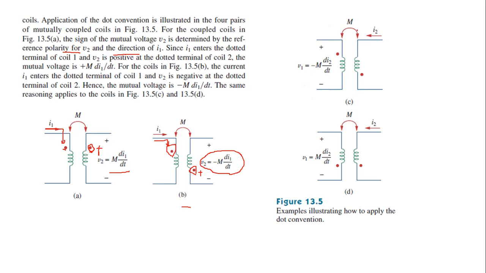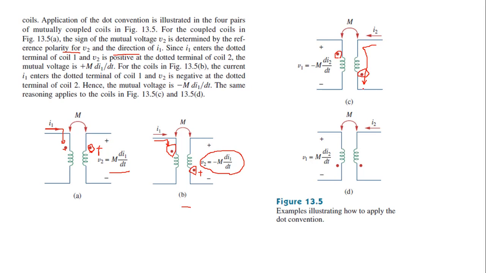Okay, so now let us take the third figure. So you can see here in coil 1 this is where the dot is placed and here the dot is here. So the current is I2, which flows in coil 2. So here the current leaves the dotted terminal in this coil.